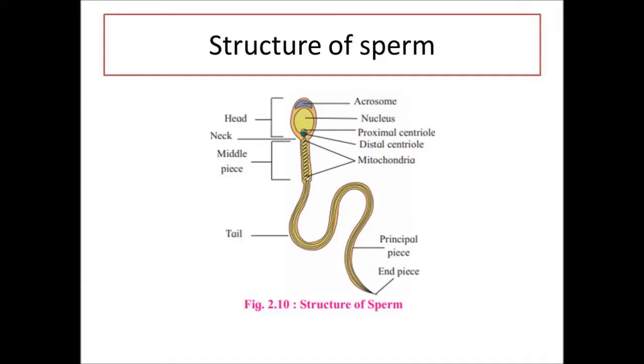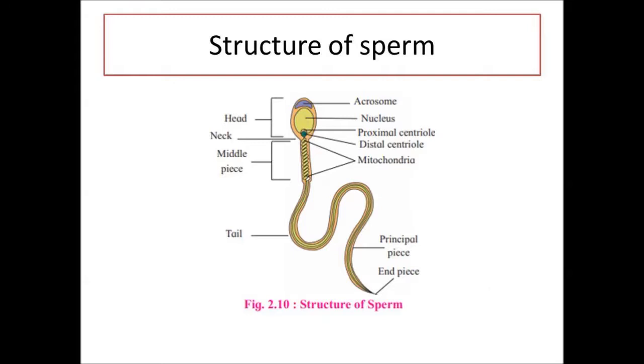First part, that is the head. The sperm's head is oval in shape and contains the haploid nucleus. Above the nucleus, there is a cap-like structure called the acrosome, formed from the Golgi body. This acrosome contains hydrolytic enzymes.